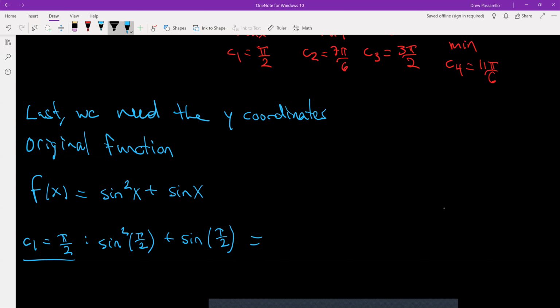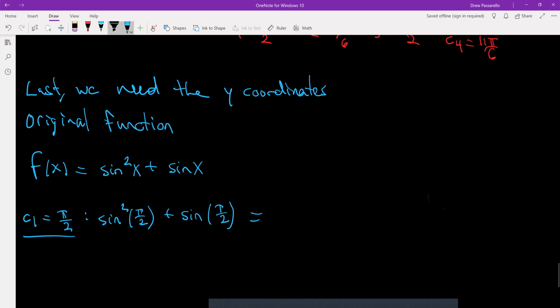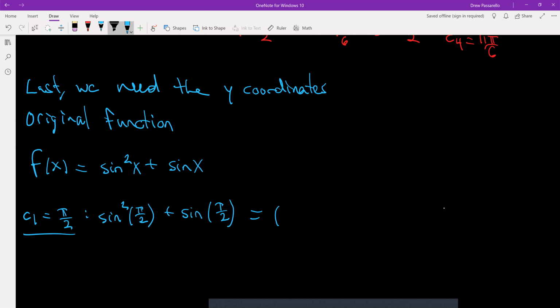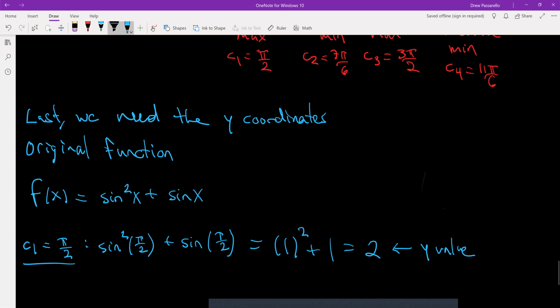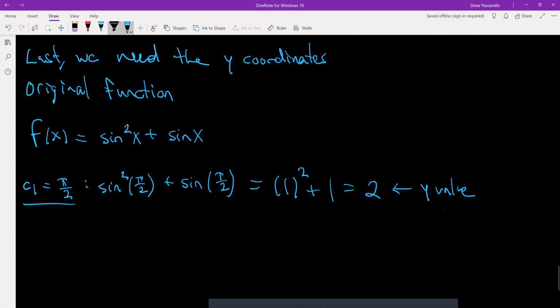I'm blanking out here for a second. Let me get the unit circle. Yeah, sine of pi over 2 is 1. So this will equal 1 squared plus 1. So that's going to be 2. All right, so that's the output. That's the y value. So that means at the point pi over 2 comma 2, that's a relative max.